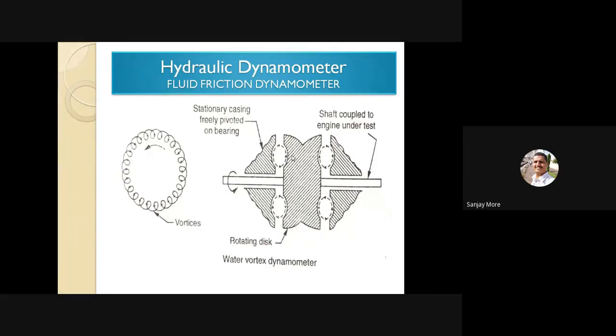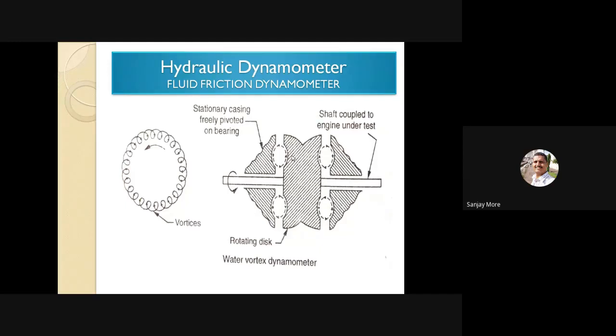When the initial starting shaft is rotating at high speed, then the other side shaft is also rotating at the same speed. Then when we apply the braking system to stop this rotating shaft, you have to measure how much torque is created with the help of this rotating disc.